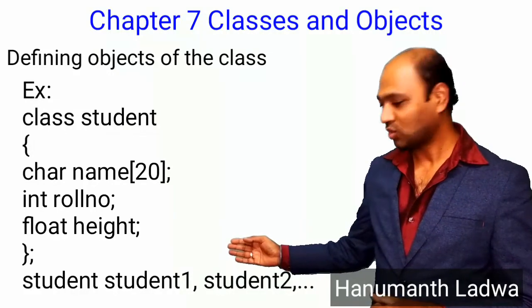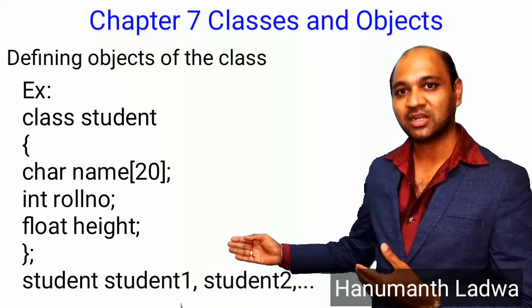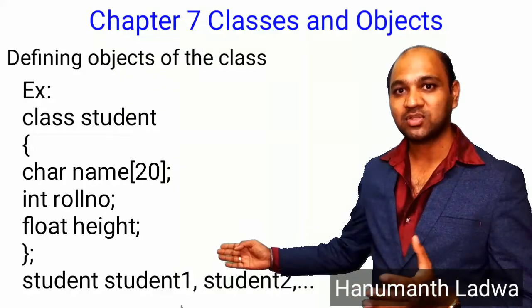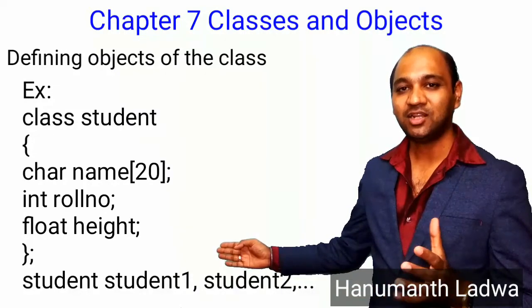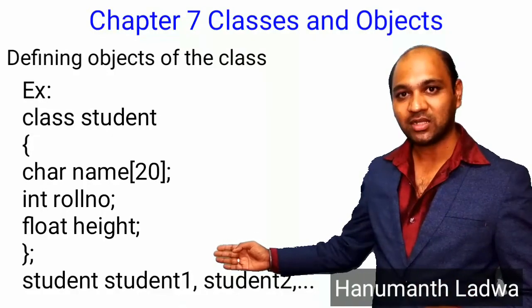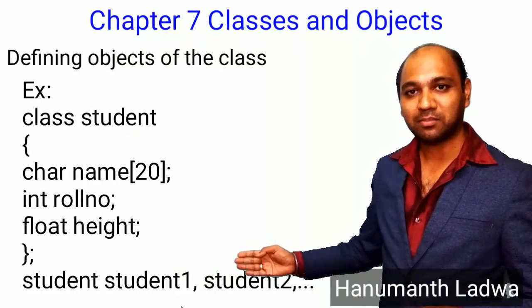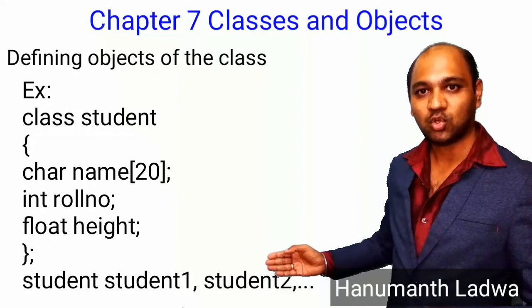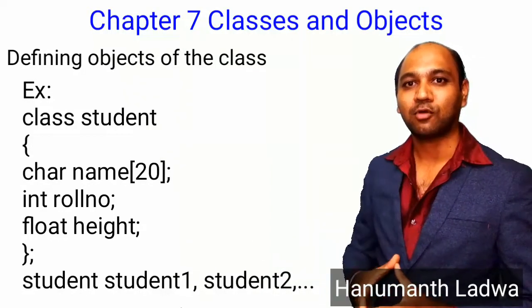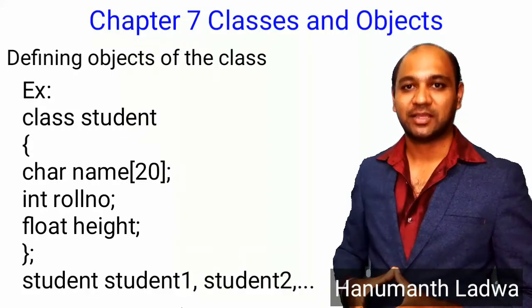Then we are going to create object of this particular class called student. I'll write student as data type because class is defined to create user defined data type. Here we'll write student, then student number 1 comma student number 2 comma student number 3 and so on. We can create n number of objects of this particular type.